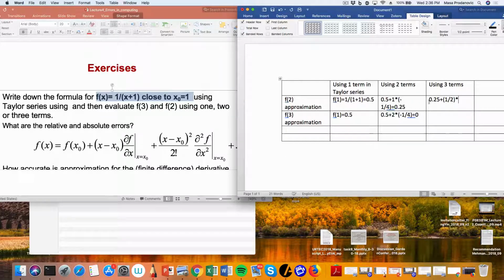Again, this is f double prime of x0, which is 2 over 8, which is 1 over 4. So 1 over 4 times 1 over 2 is 1 over 8, so that's 0.125, so this is 0.625.